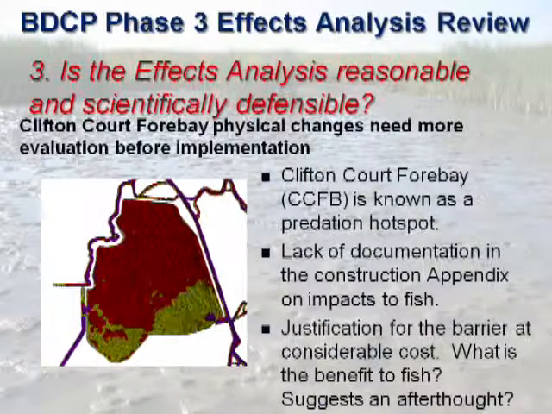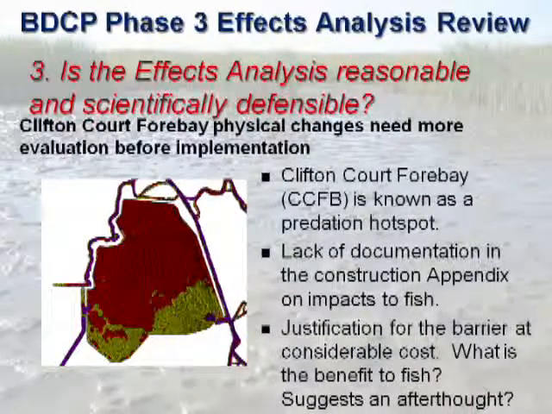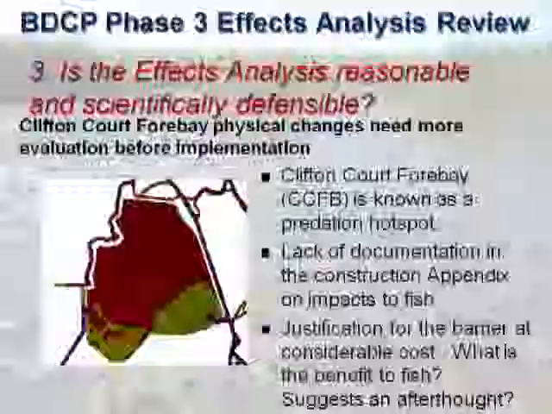So I was on an expert science panel this fall where we saw documentation after documentation that Clifton Court Forebay is a big hotspot in several locations. And what we saw for what the changes were going to be was, first of all, you're going to put a wall in the middle of the Clifton Court Forebay as it is now.